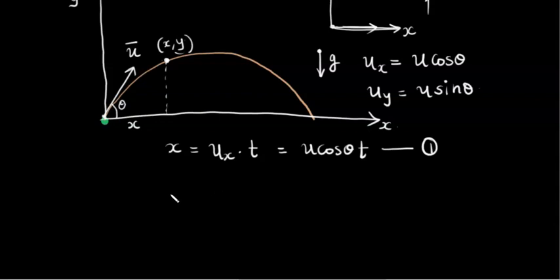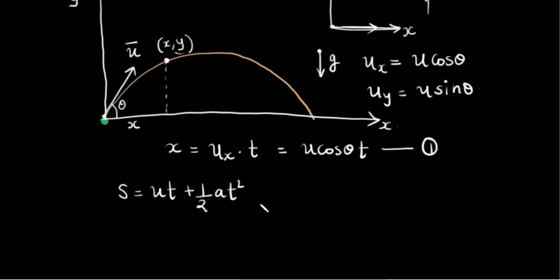Now what about the motion in y direction? The motion in y direction is independent of the motion in x direction, right? Here I am going to use the displacement formula, s is equal to ut plus half at square. In this case a is g.